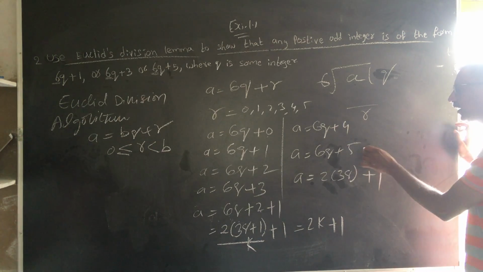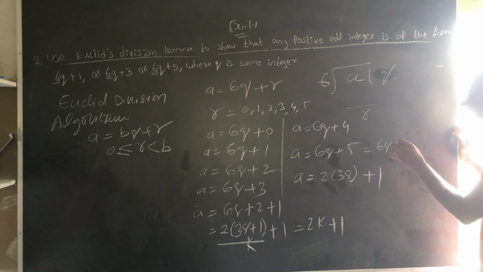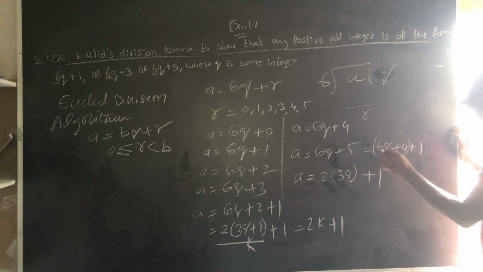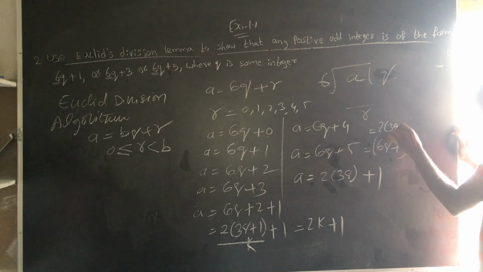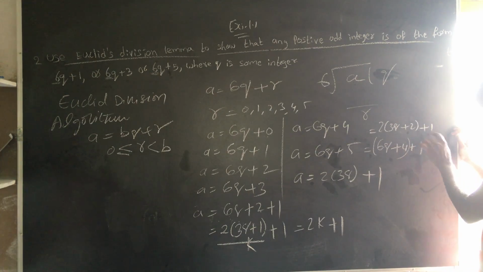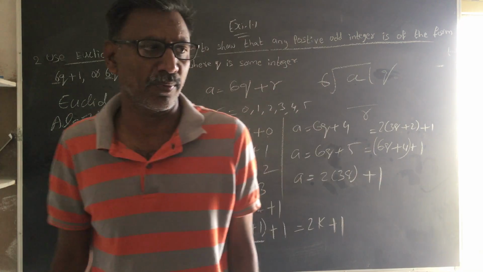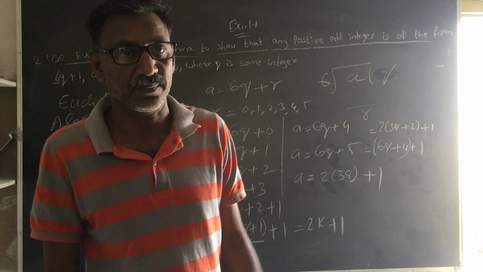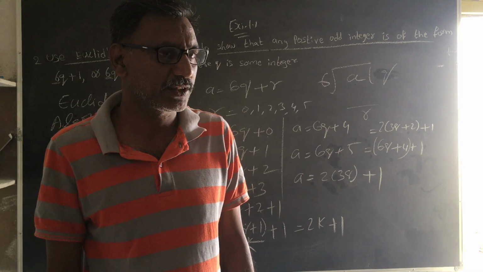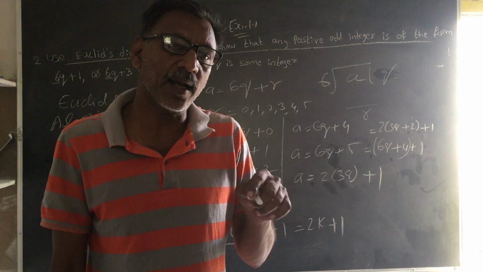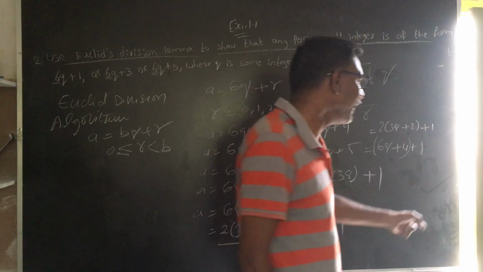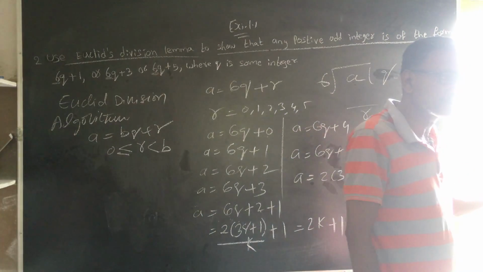I will write it down here: 6q plus 4 plus 1, 4 plus 1 is 5. Here we can write 2 times 3q plus 2 plus 1. Again I got 1 as a remainder. From that 6q plus 5, here also we will get a remainder, right? Am I right or wrong?